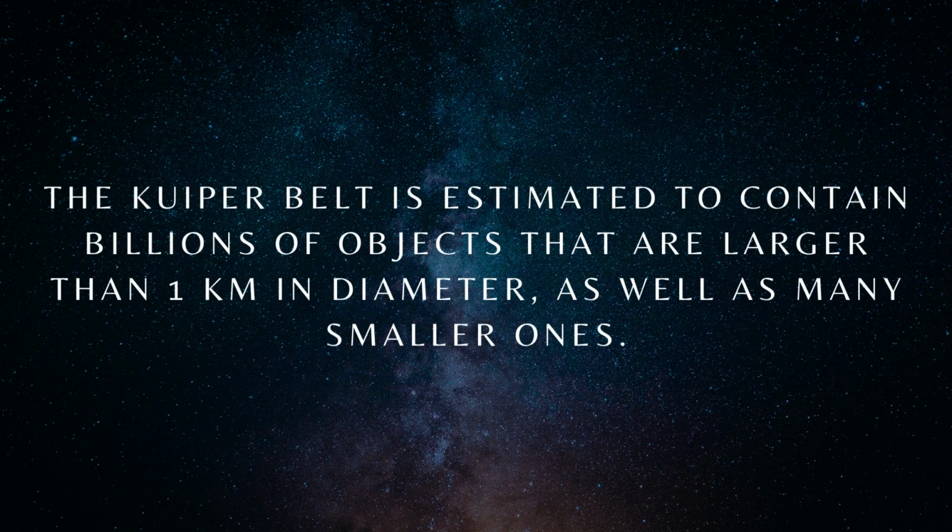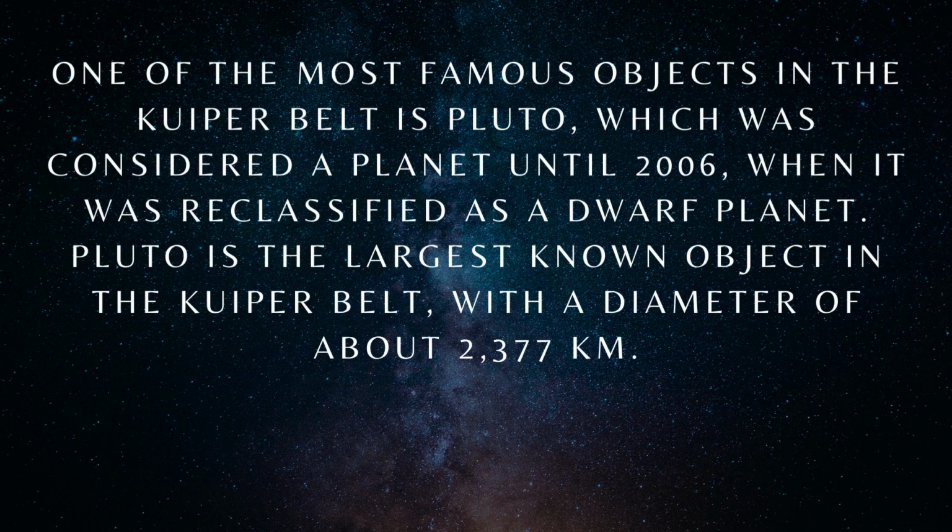The Kuiper Belt is estimated to contain billions of objects that are larger than 1 kilometer in diameter, as well as many smaller ones. One of the most famous objects in the Kuiper Belt is Pluto, which was considered a planet until 2006, when it was reclassified as a dwarf planet.